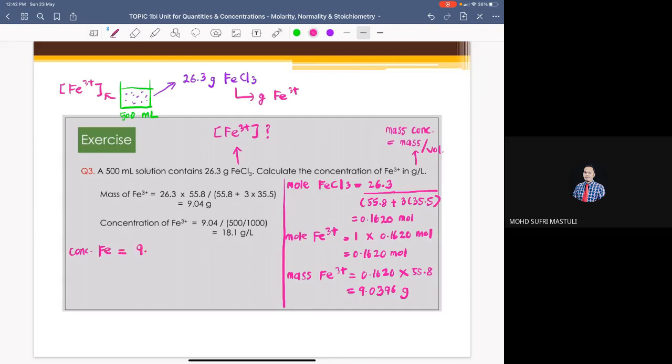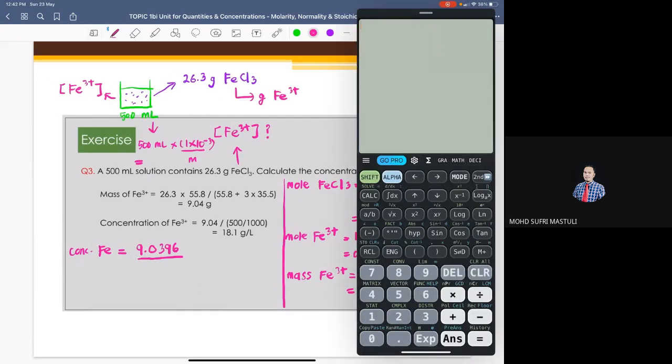It's the mass, 9.0396 gram, over liter. Now this volume is 500 ml, so you have to convert it into liter. 500 ml times milli, 1 to the power of minus 3, is equivalent to 0.5 liter.